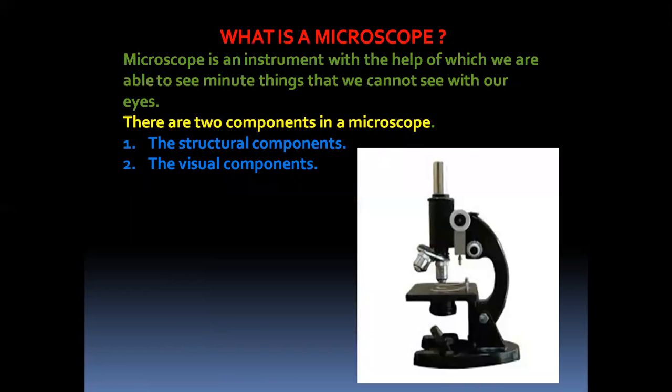What is a microscope? A very, very interesting topic it is. The parts of the microscope we are going to study. It is an instrument with the help of which we are able to see minute things that we cannot see with our eyes. There are two components in a microscope, the structural components and the visual components.